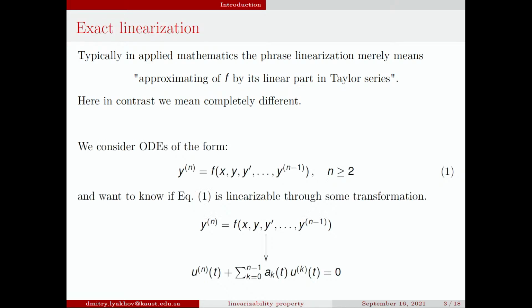Exact linearization means that we have an ODE of the form, explicit in the highest order term, and we want to know if this equation 1 is linearizable through some transformation, just a change of variables, to make it a linear one, like the following.